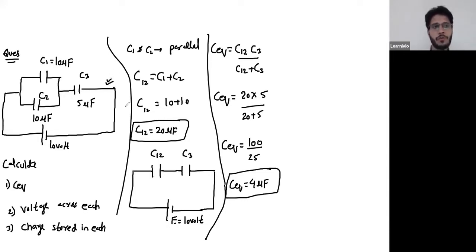So first of all, we will try to convert the given circuit into a circuit having either all capacitors in series or all capacitors in parallel. I'm repeating it again. If you have a mixed circuit, which has series as well as parallel combinations, to solve this circuit we will first try to convert it into a circuit having either all capacitors in series or all capacitors in parallel.